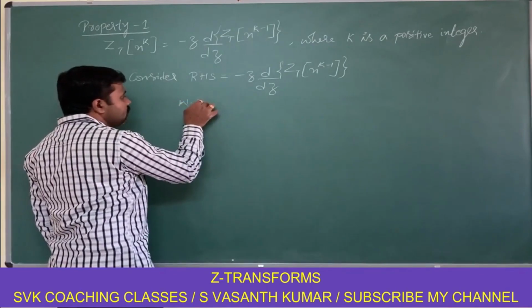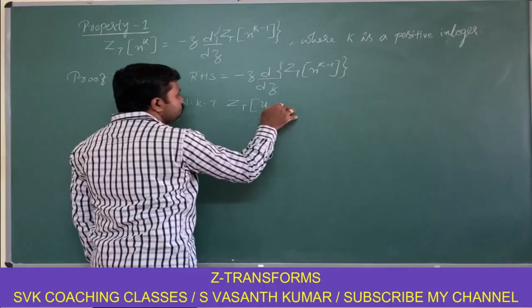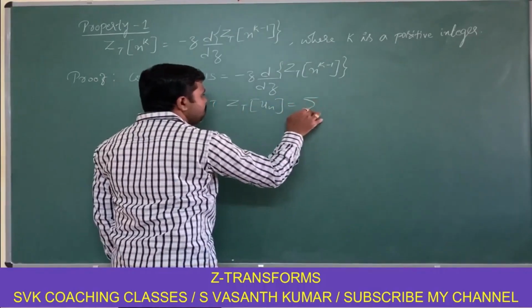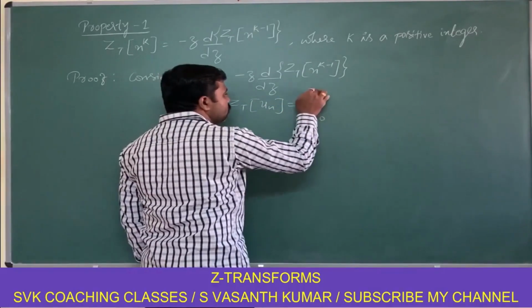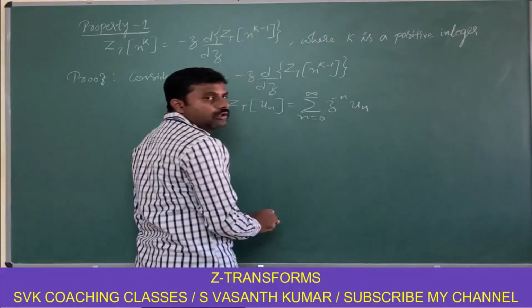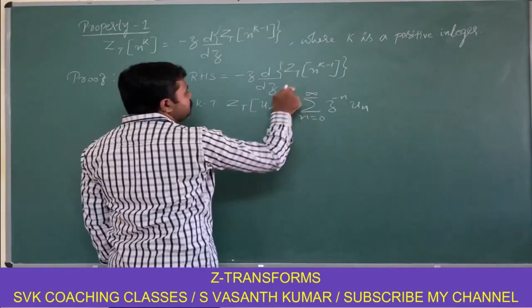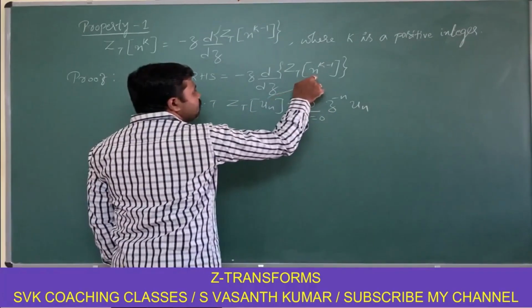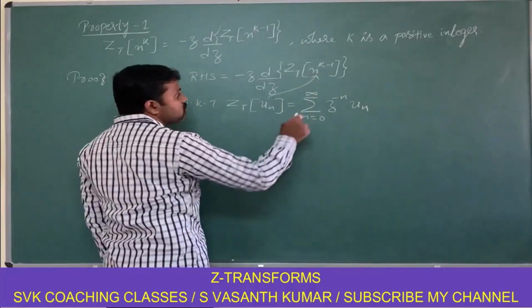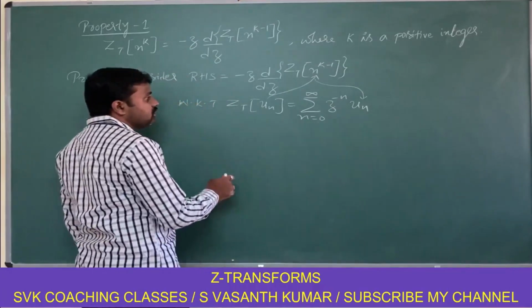We know that Z transform of u_n is defined as summation n equal to 0 to infinity z power minus n into u_n. So using this definition, in place of u_n we have n power k minus 1. Substitute that n power k minus 1 in the summation in the definition.